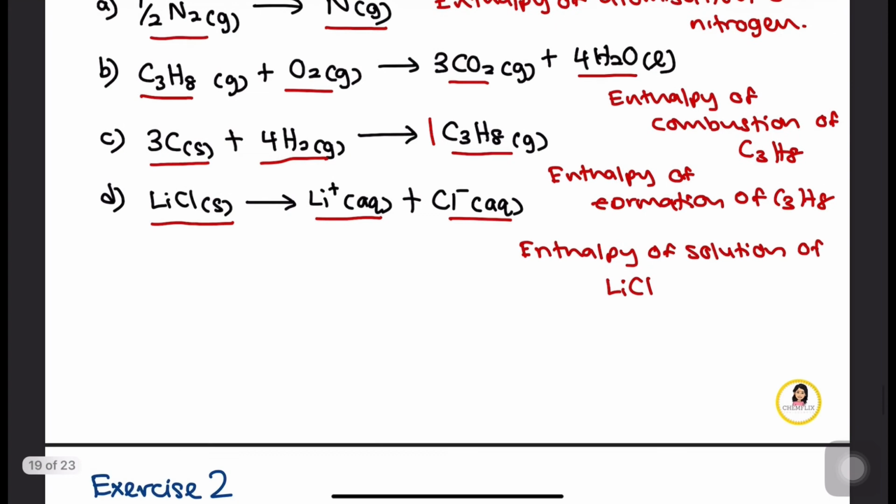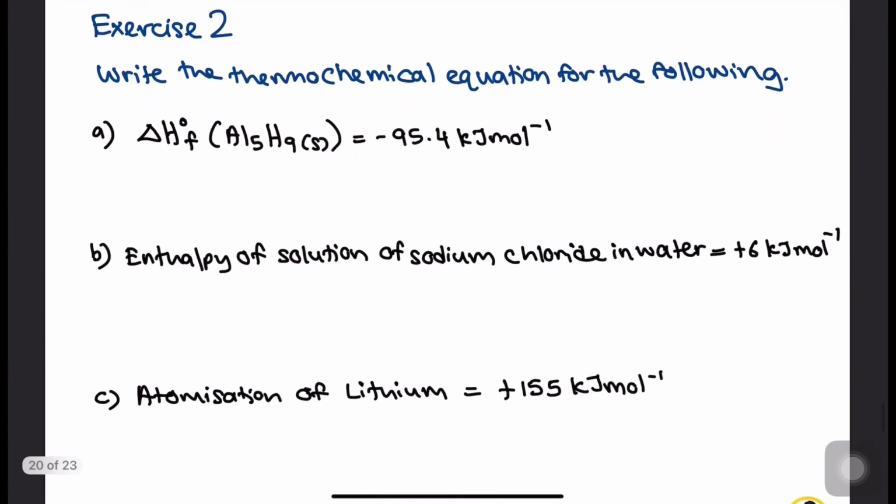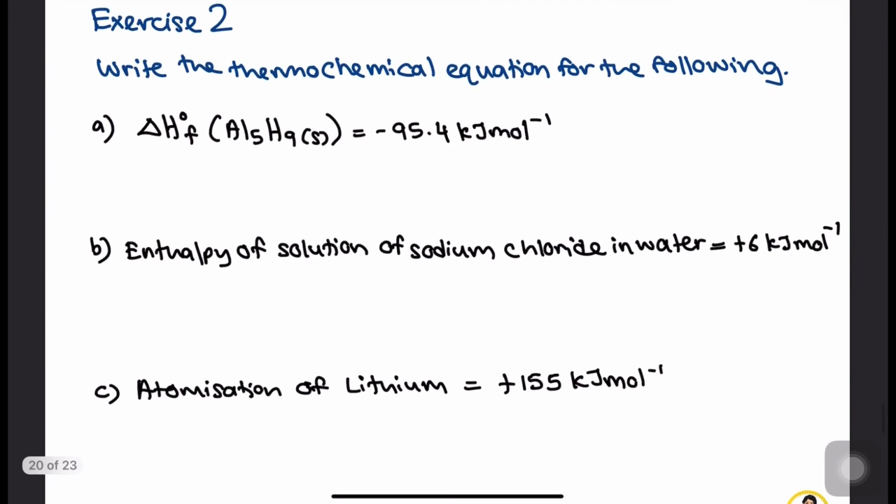Next, let's practice writing some thermochemical equation. So here, let's look at question A. You are required to write the thermochemical equation for the enthalpy of formation of Al5H9. So take note of the elements present. It would be aluminium and also hydrogen.